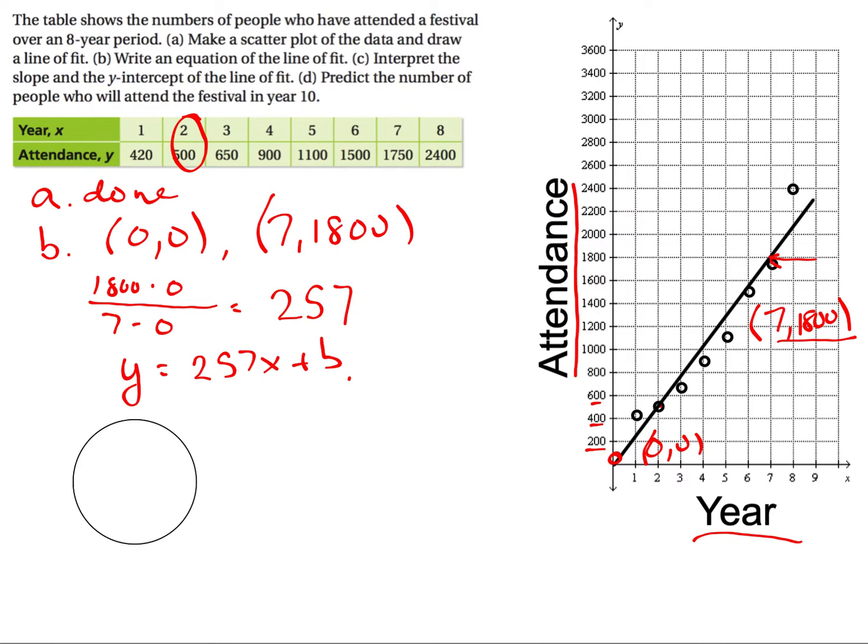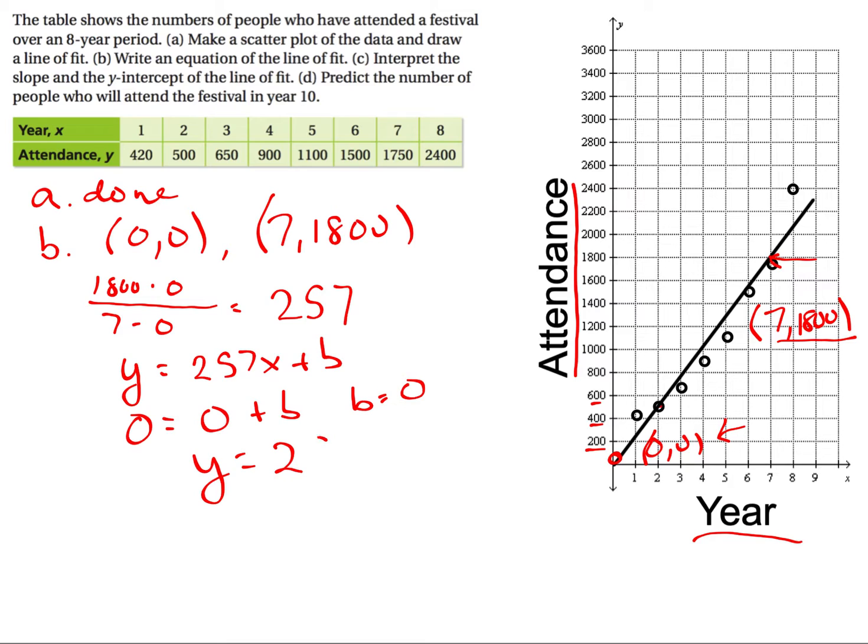I need to use one of the points that are on my line, not one of the points out of the data set. So over here on my line, I do have the point 0, 0, which makes a lot of good sense to use because then we just find out that b equals 0, which is very nice. So y is 257x for our equation.